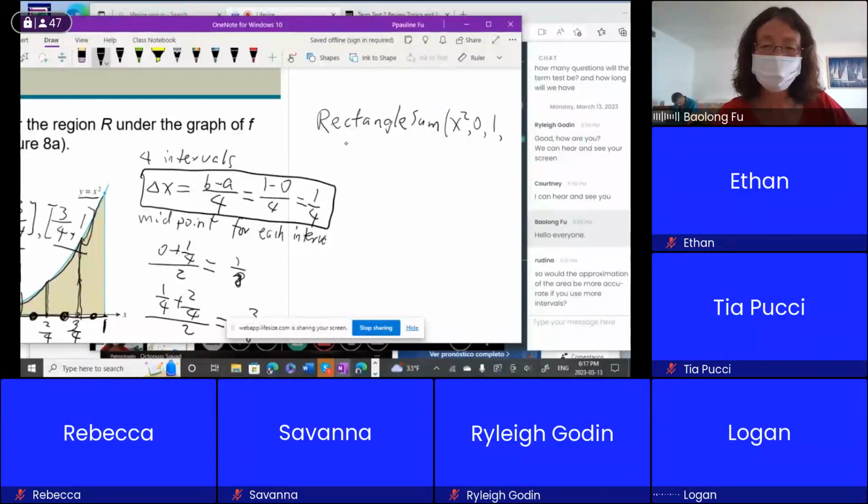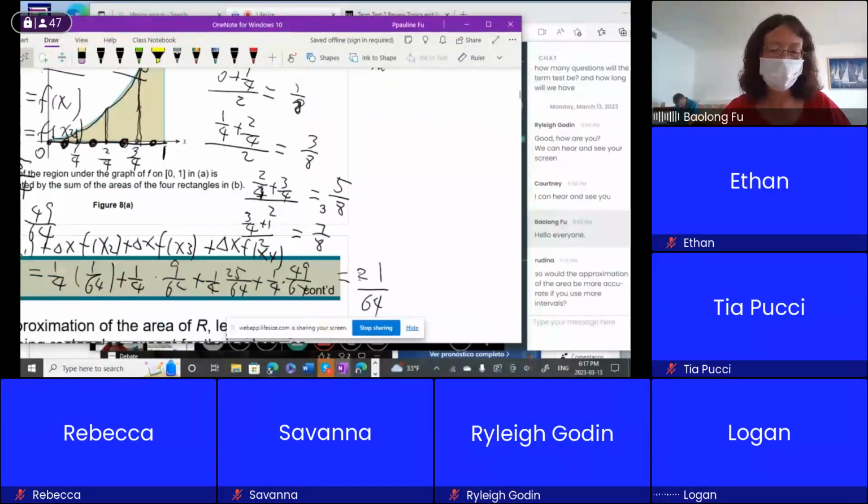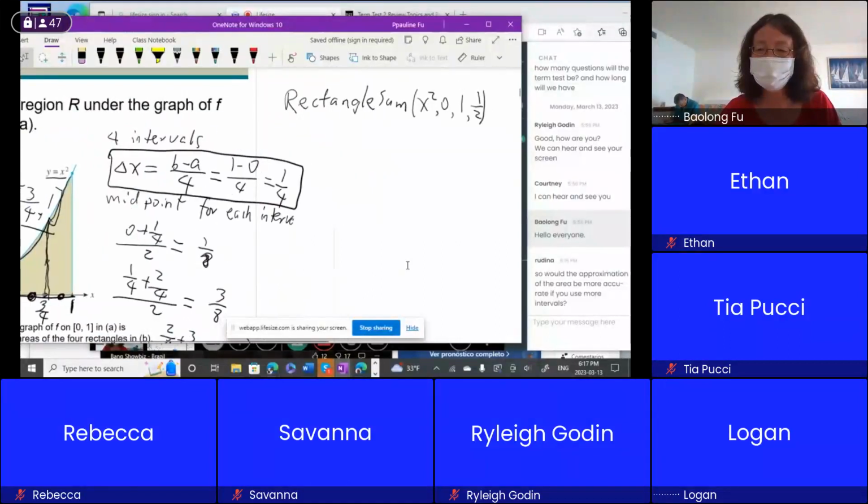If you specify midpoint, you must type in 1/2. So typing this exactly, this command in GeoGebra, you'll get the answer. That answer will be similar to our answer here, 21/64. Okay, you can try by yourself.